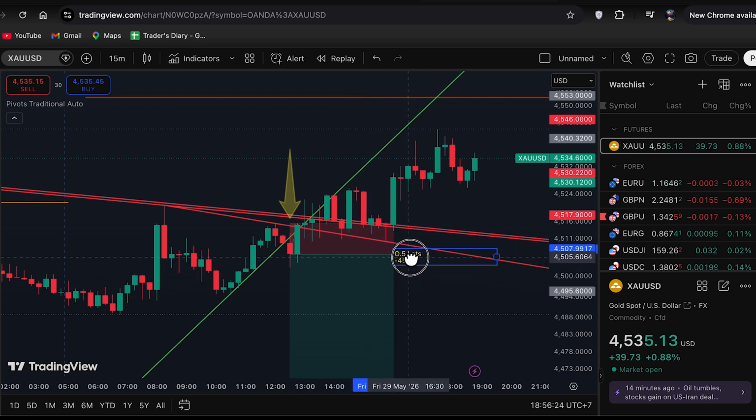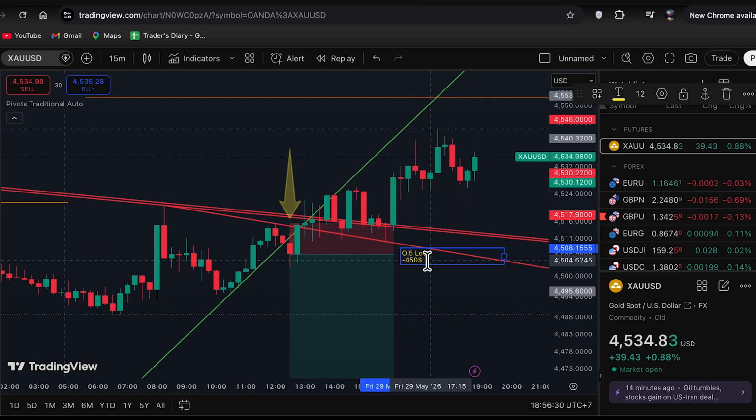So with the 0.5 lots that I'm constantly testing for this strategy, the loss would have been of minus $450. So reviewing the other trades that I had this week so far, up to now we had a profit of 2,000 plus $1,500.